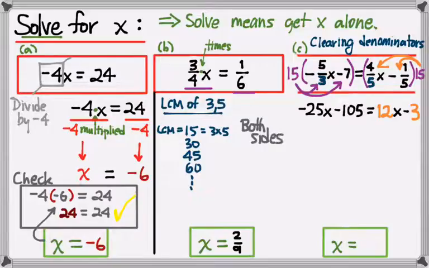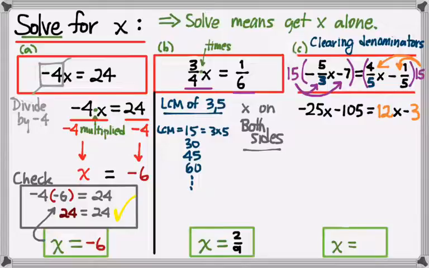How do we fix the fact that there is an x on both sides? What's your play? Because we need them all to be on one side in order to have x equals a number. Right? So how do we get the x's together on one side? Don't wait any longer than you need to move all the x's from one side of the equation to the other. And anytime you move a term with an x in it from one side to the other, it's a process of subtraction.